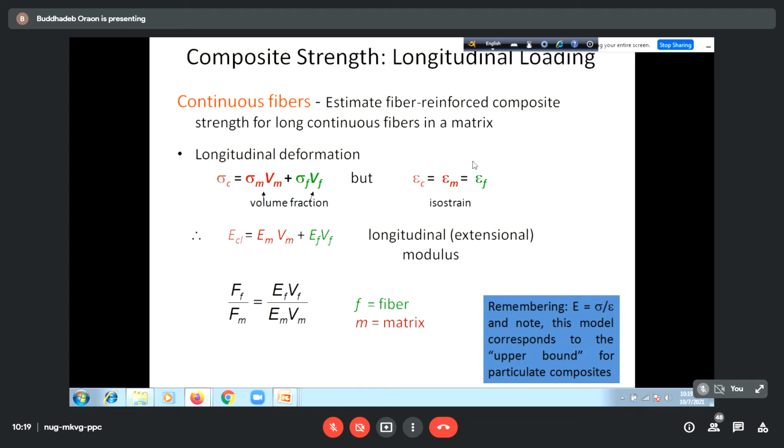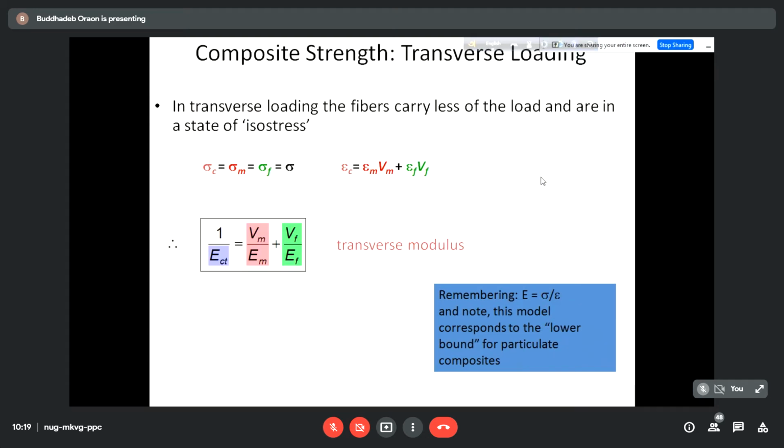Another case can be the transverse loading. As you have seen, when you are applying the load perpendicular to the direction of fiber orientation, then we say that it is transverse loading. Under transverse loading, the case will be the isostress condition.